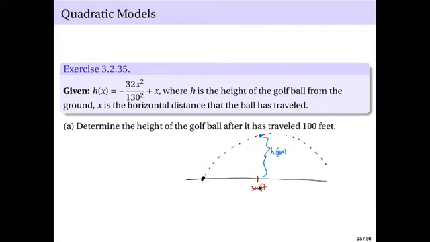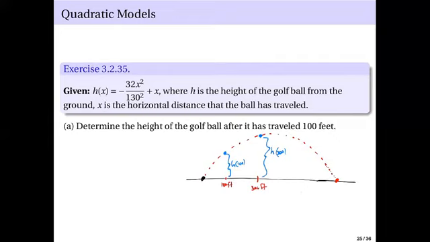And then h of 100 will be somewhere here. Again, the scaling here is not accurate. In here, you have the 100 feet. But anyway, this is the third problem there. Of course, this golf ball will land somewhere here. So how far is this from the initial point?